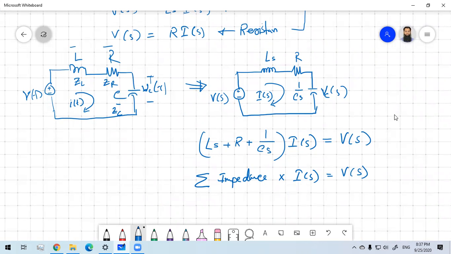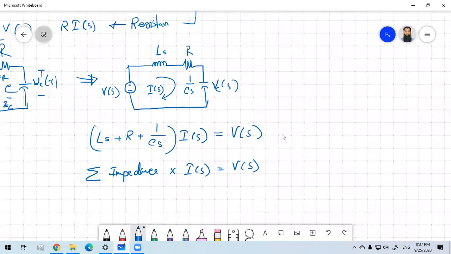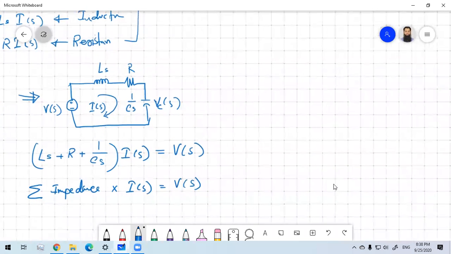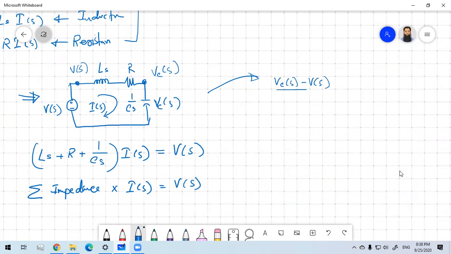So you can also apply the same thing in case of nodal analysis. In case of the nodal analysis, if you think that you have two nodes, you have one node here, which has the voltage Vs, and you have another node here where you have the voltage VCS, then can we apply the nodal analysis here? So basically, if you write for the VCS node, then what you can write is VCS minus Vs divided by the total impedance.